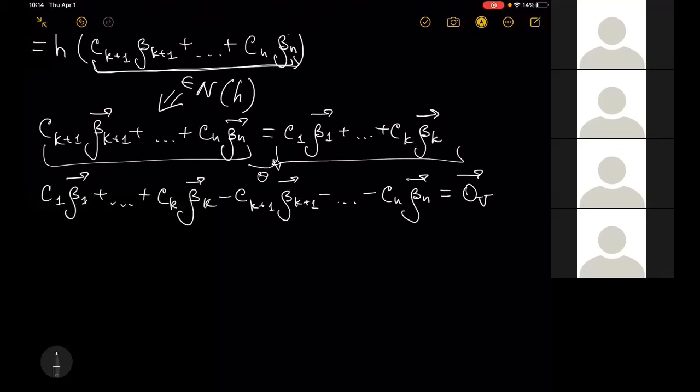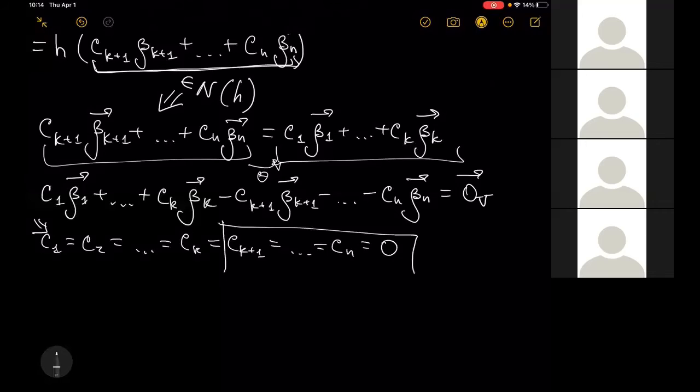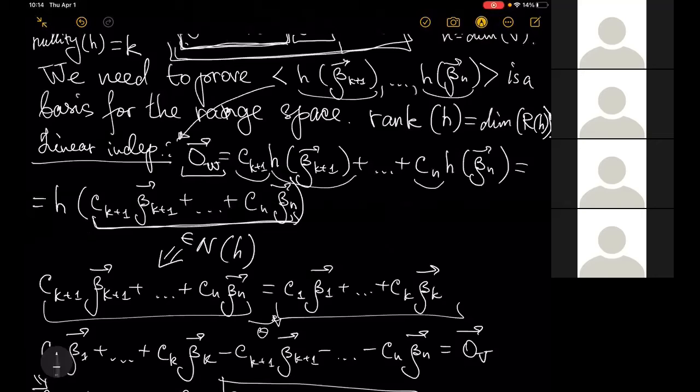From here, I know that C1 equals C2 equals CK, CK plus 1, they all have to be zeros. So we have proven that this is true, and it means that these vectors are linearly independent.